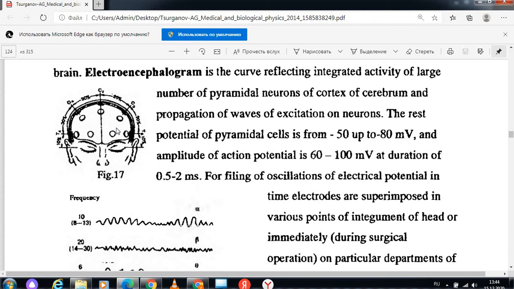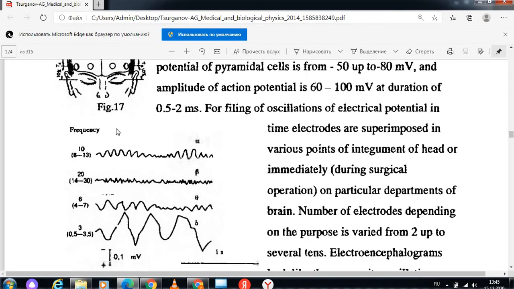So we have variance of this distribution of electrodes. They could be superimposed in various points of the integument of the head, or immediately on particular departments of the brain during surgical operation. The number of electrodes, depending on the purpose, varies from 2 up to several tens of them.